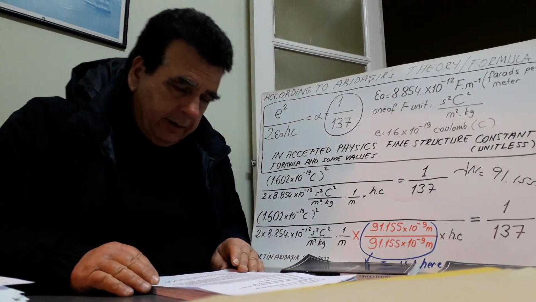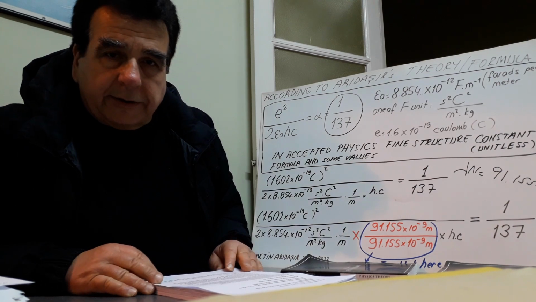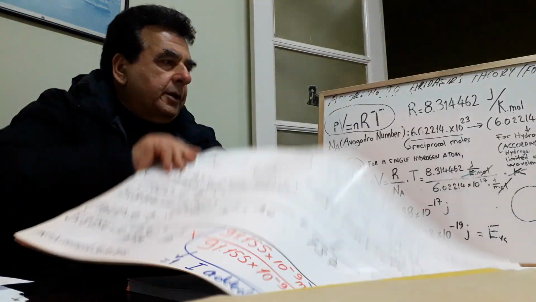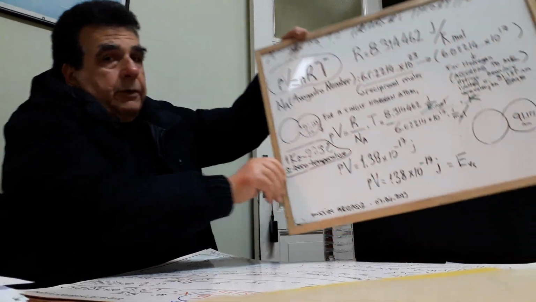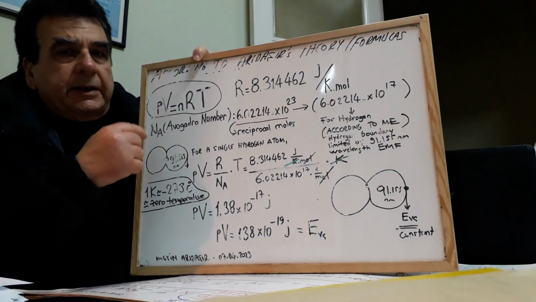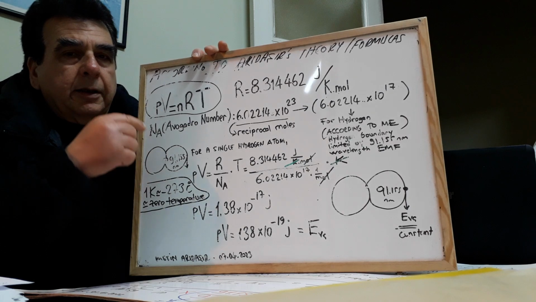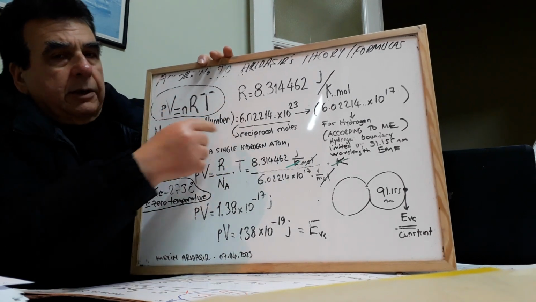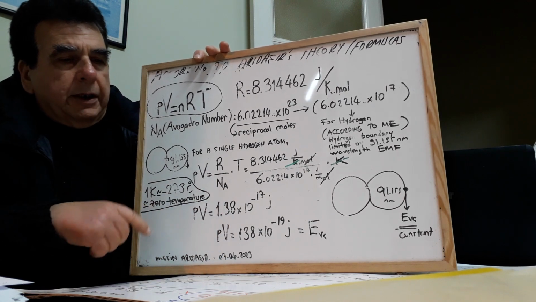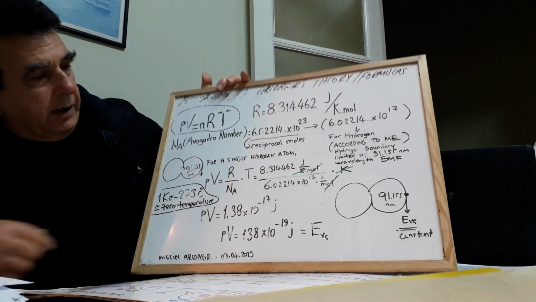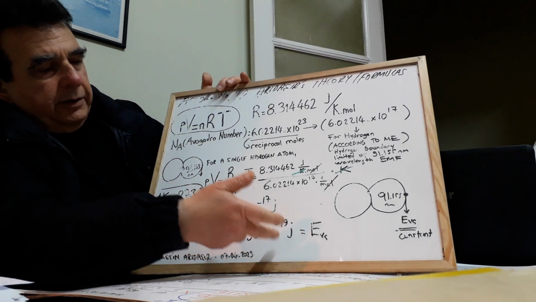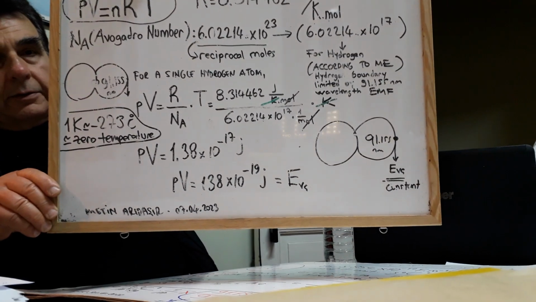Yes. Then, ideal gas constant. Where is it? Here. From my former videos. In ideal gas constant, when you account with Avogadro number, you saw 138 10 to the minus 19 joule, like this.